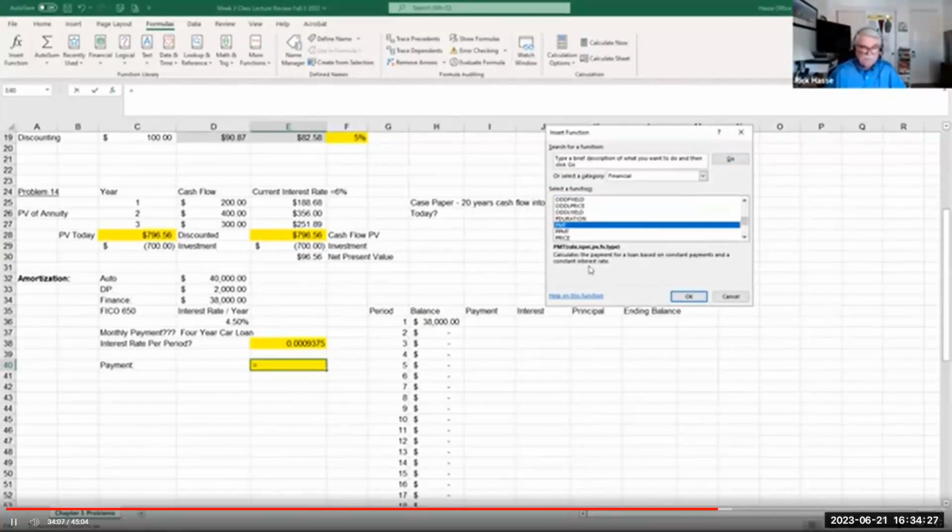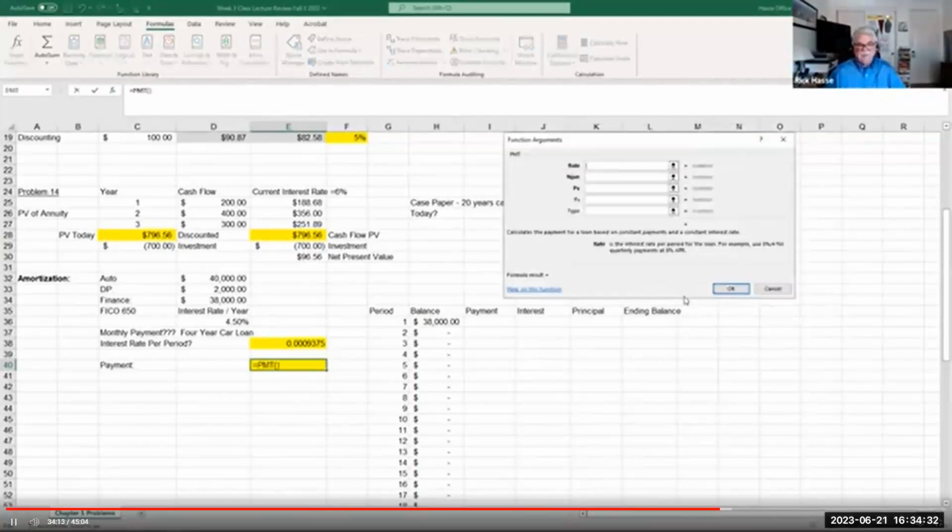It's the interest rate for the full 4 years. So I bring up that function. And now the interest rate, I type in the decimal, 0.0009375. That's my interest rate per period. There's 48 periods of this loan, 4 years, 12 a year. And there's the present value of this loan.